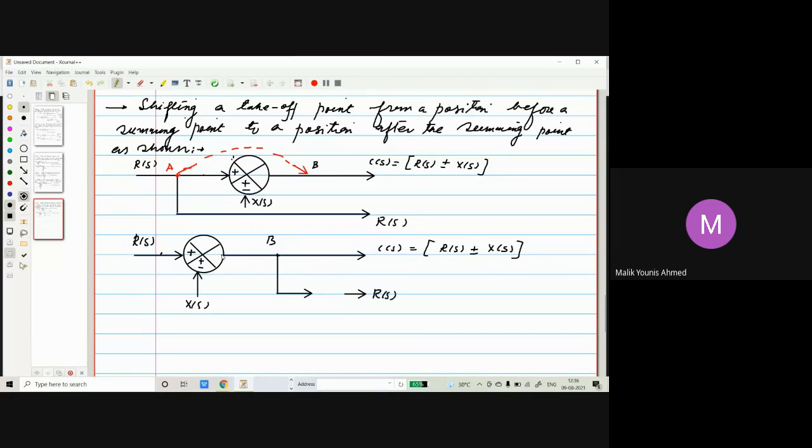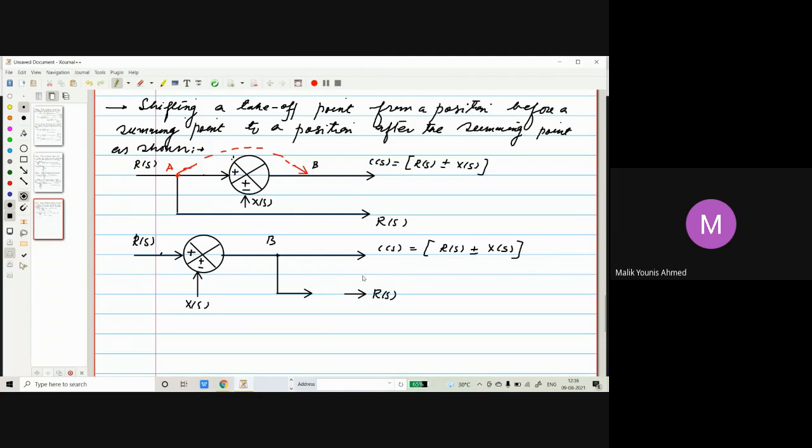Here the output, you see this output is R of S. So that we know. So what is coming from here? If one of the signals going is R of S, then we should have a reverse signal, minus plus X of S, because that will nullify the plus minus X of S. I'm going to repeat again.